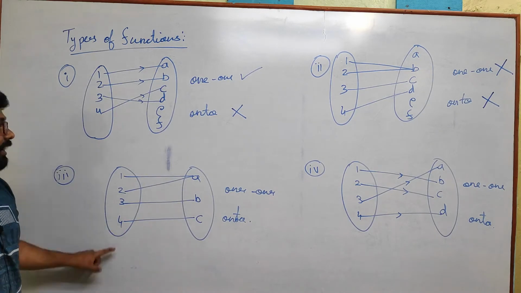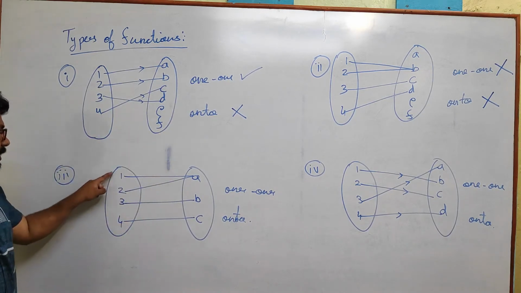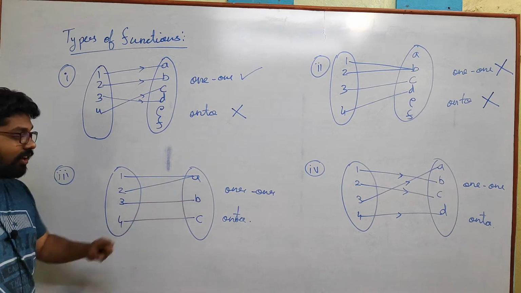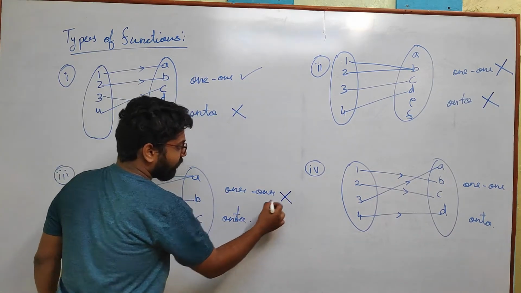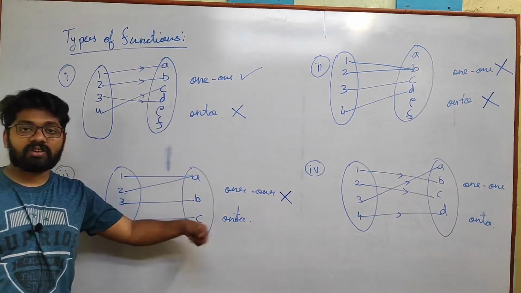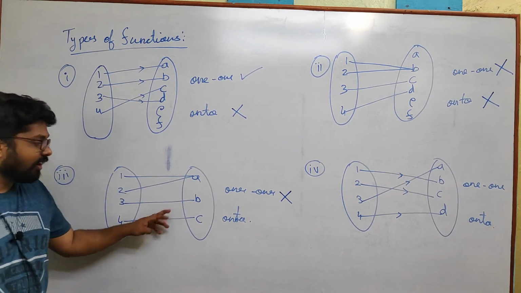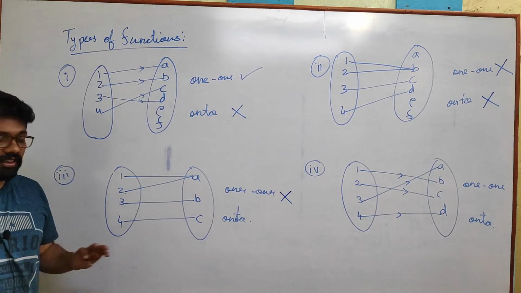Moving on to the next one, again the same case as before, but here 1 and 2 have the same image A, so this is not a one-one function. Checking the onto definition, every element of the second set, set Y, should be mapped with something.